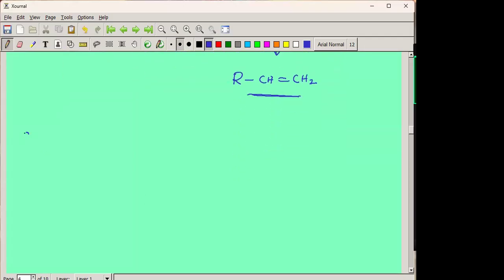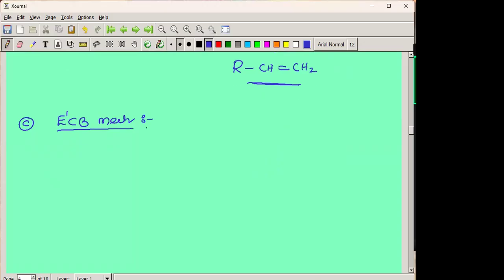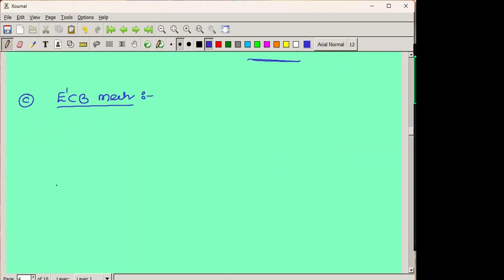So the third kind of reaction is the E1CB mechanism. What is meant by E1CB mechanism? Unimolecular, already one of that kind is there.